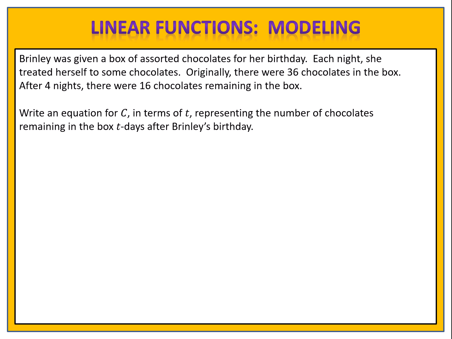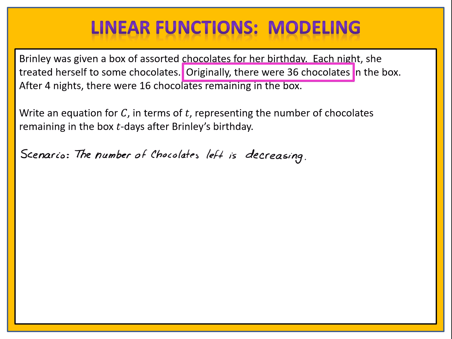We begin by reading the problem carefully and identifying the scenario. What's going on here? Well, the number of chocolates left in the box is decreasing. She started with a certain amount, and then each night she ate some, which means our rate of change is a negative number. Originally, there were 36 chocolates in the box.